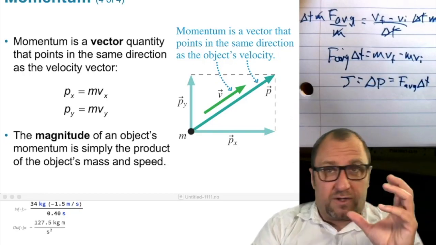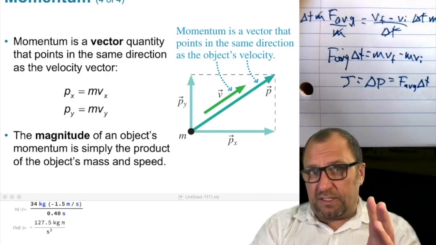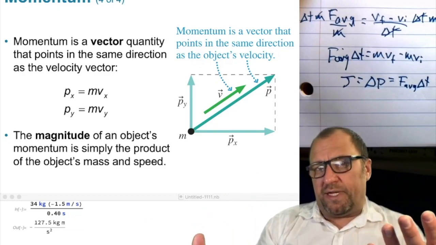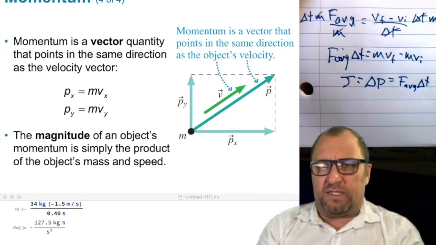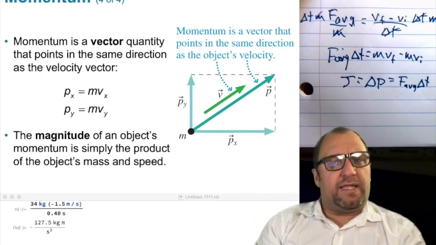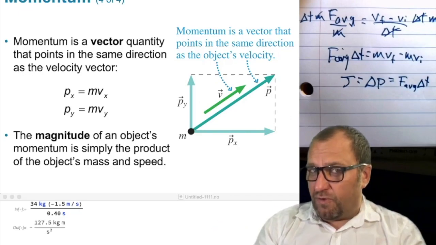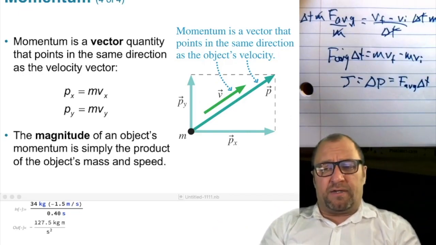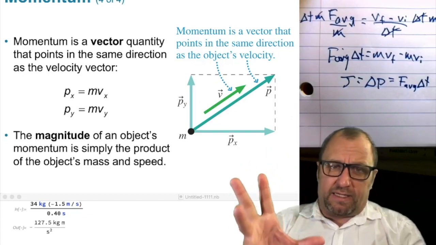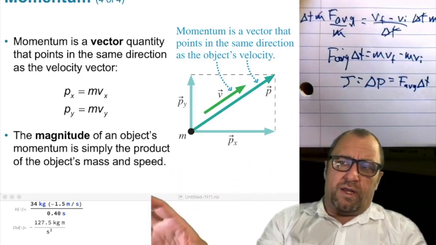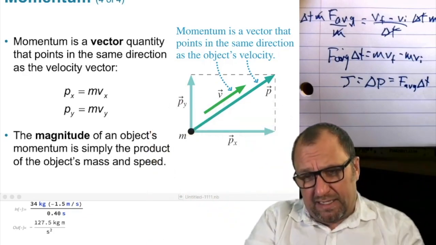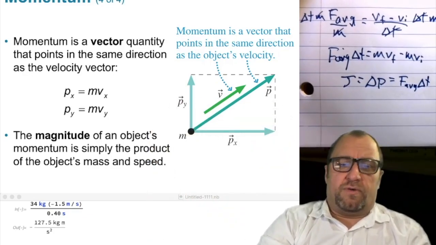So you want to pick a coordinate system intelligently so you can eliminate at least one dimension. If you can get rid of Z and only deal with X and Y, that's much better. It'd be even better if you only had to deal with one dimension. That will make our life easier.